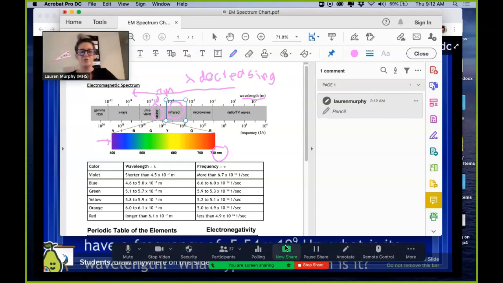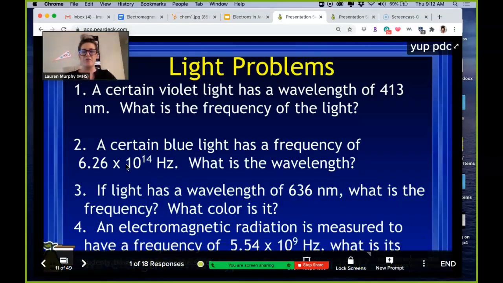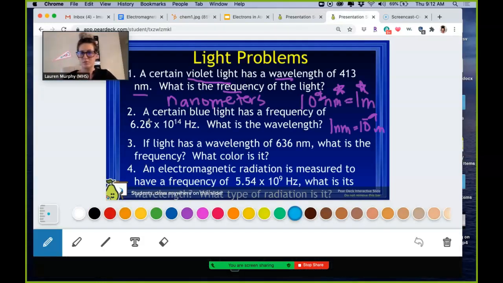Okay, so a certain blue light, and I give you a frequency, so that's nu, and I want wavelength, that's lambda. So how do I do it? Well, I have an equation that has wavelength and frequency in it.